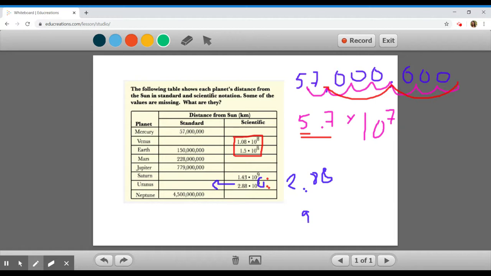So again, instead of worrying too much about positive or negative, I'm going to start shifting whichever way makes the number larger. That was 1, 2. I'll shift 3, 4, 5, 6, 7, 8, 9 times. So my decimal will be way out there. Really carefully, I'm going to fill in the extra places with zeros and go from there.